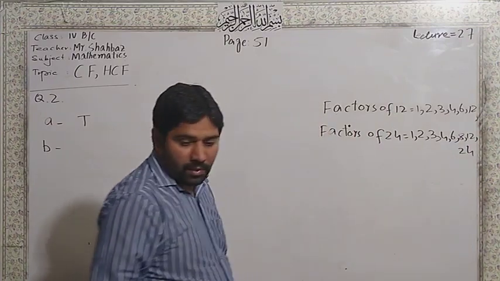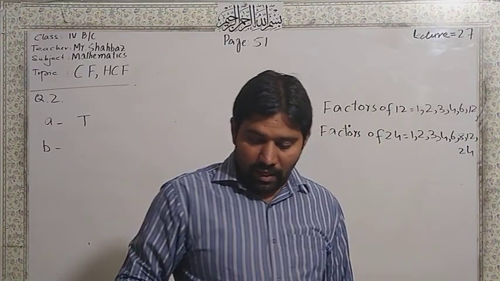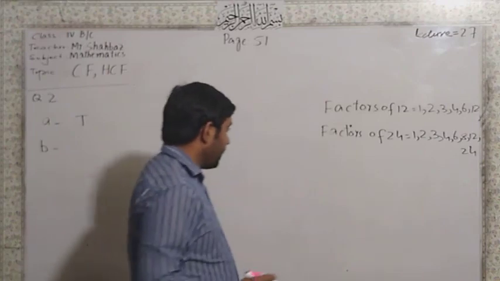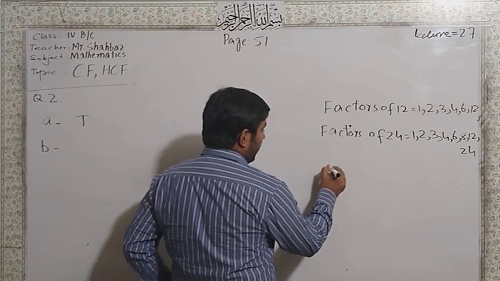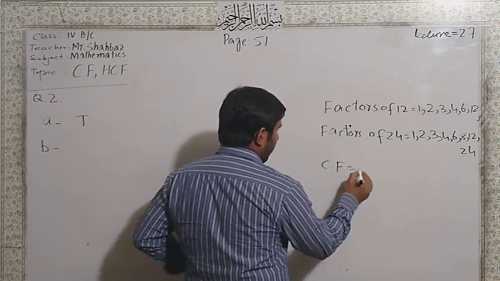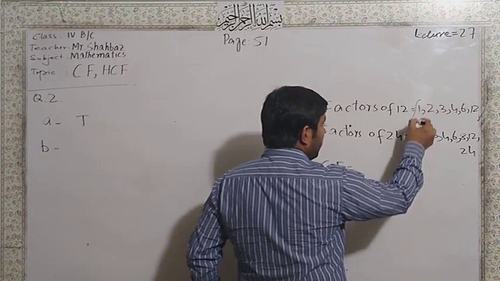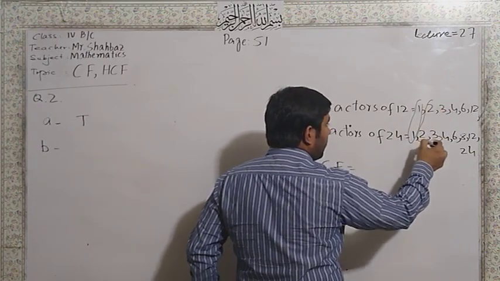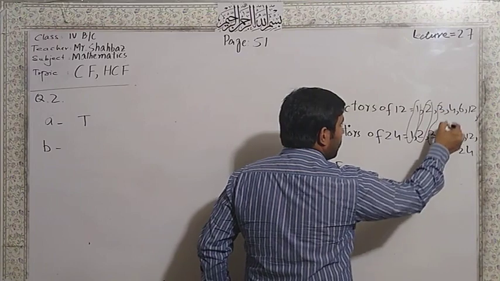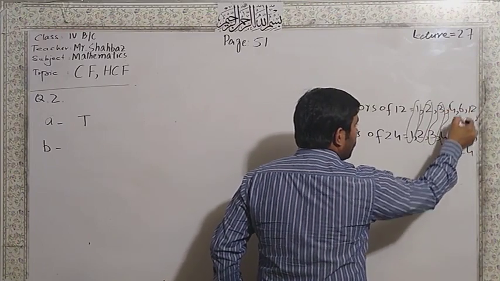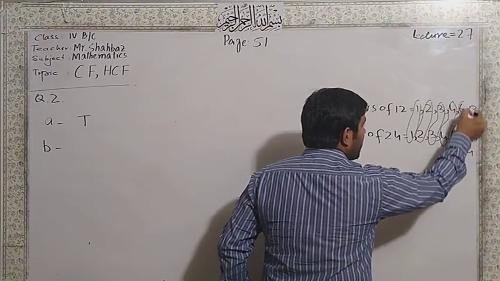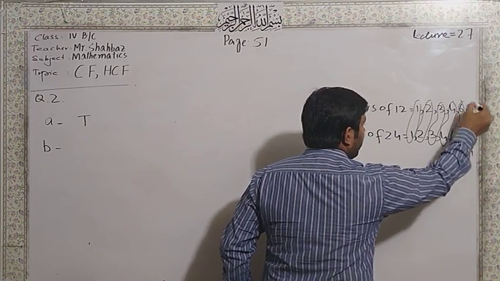Now you have to check. He said that 1, 3 and 4 are the only common factors. Which ones are common? 1, 2, 3, 4, 6, 12.